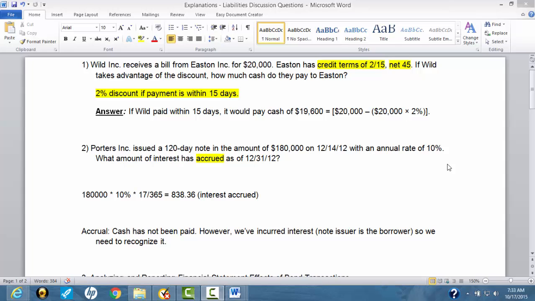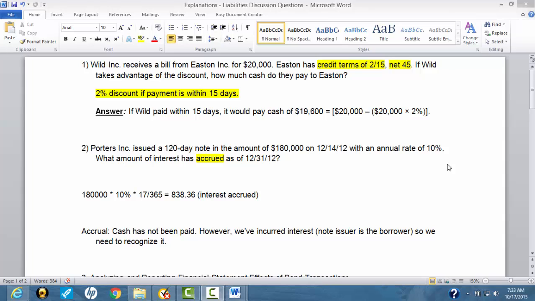Various expenses that have not been paid, like salaries expense becomes salaries payable, wages expense becomes wages payable, rent expense not paid, rent payable, utilities payable. These are all examples of liabilities that will typically be current liabilities. We may also have short-term debt.